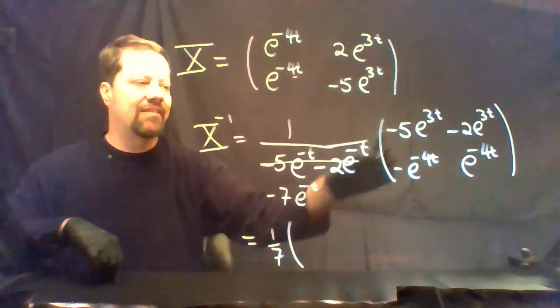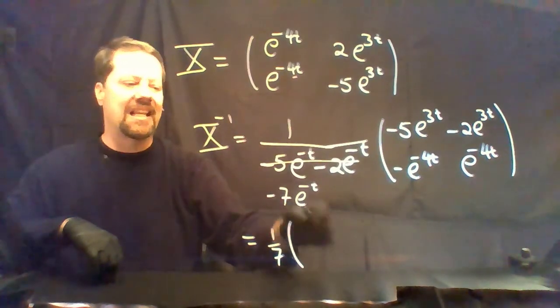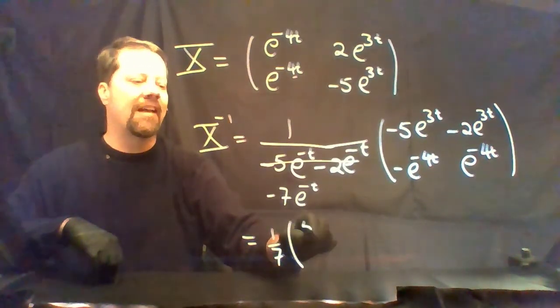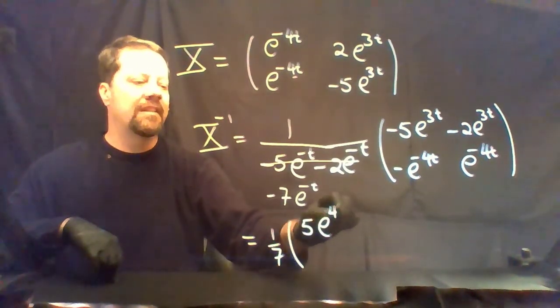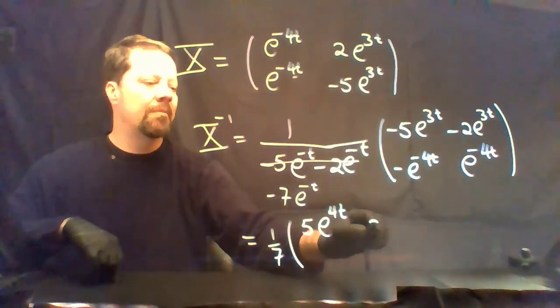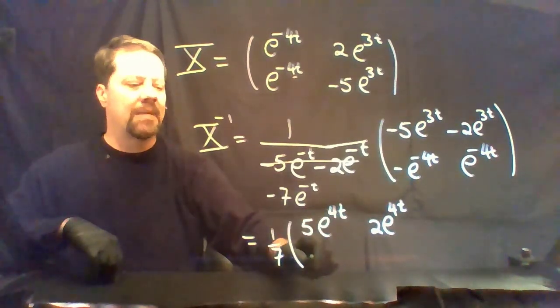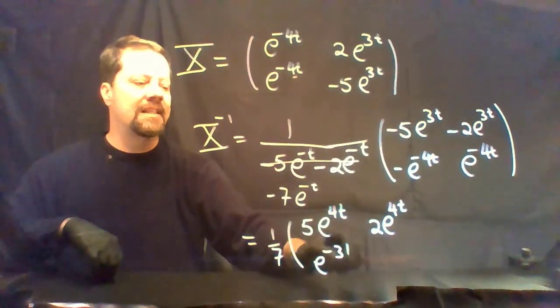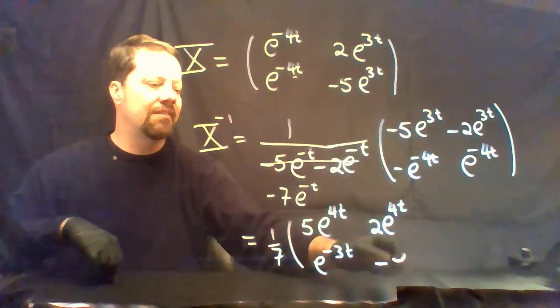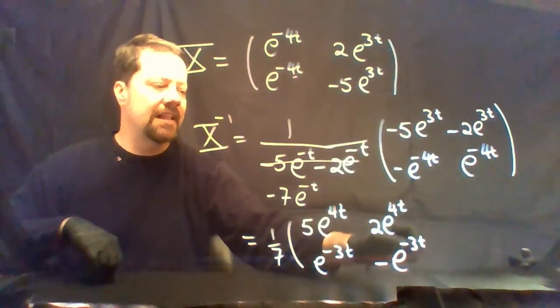Pushing the e to the negative t through adds t to each of the exponents. So we're going to have positive 5 e to the 4t, positive 2 e to the 4t, positive e to the negative 3t, and then negative e to the negative 3t.